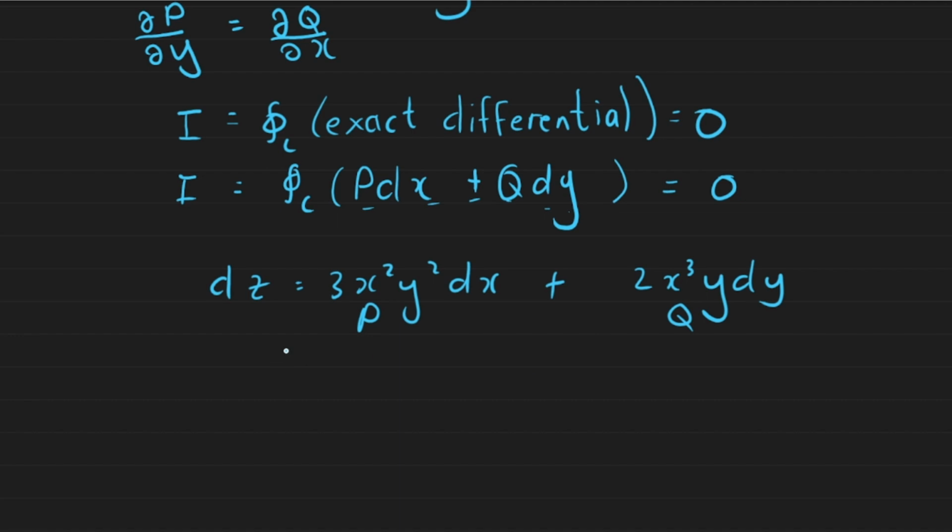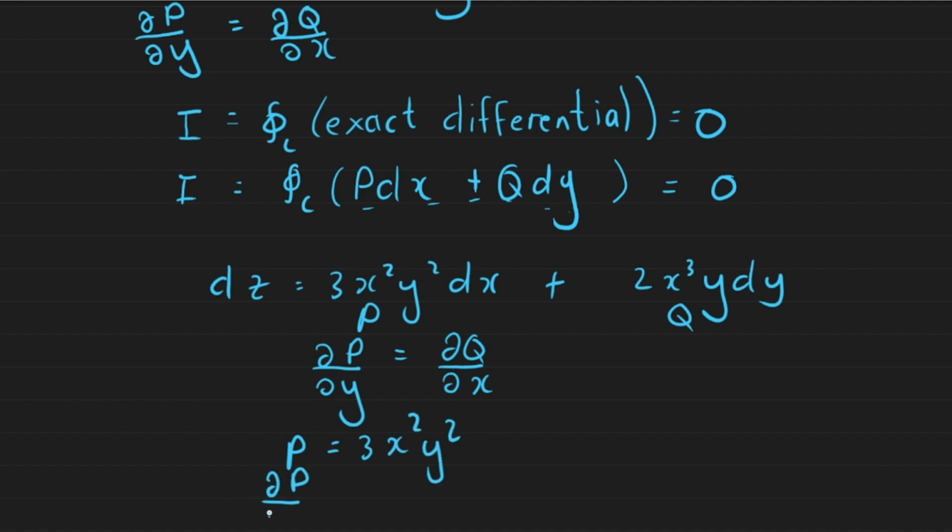If this is an exact differential, it means that the derivative of p with respect to y should equal the derivative of q with respect to x. So let's do that. p is equal to 3x squared y squared. If we differentiate this with respect to y, we find that it's equal to 6x squared y.